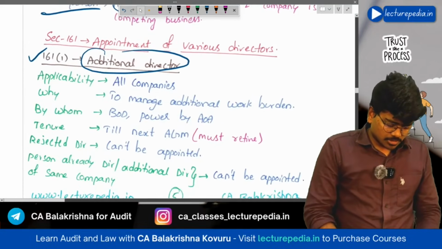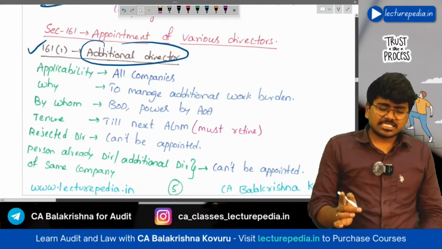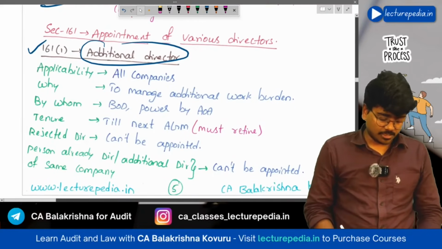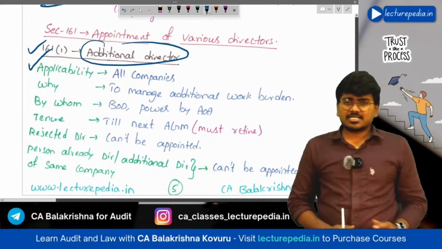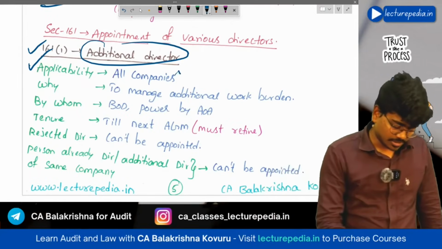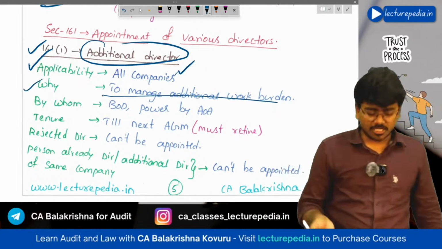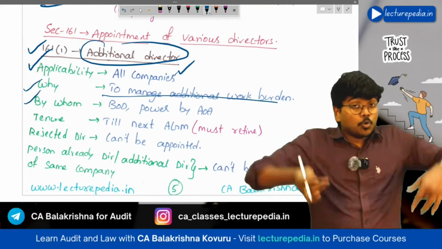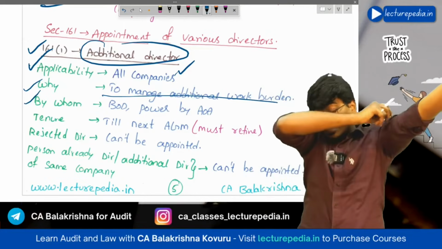So section number 161 subsection 1 deals with additional director. This additional director can be appointed by any company. It is applicable to all the companies. Purpose is to manage additional work burden. And who can appoint these additional directors?